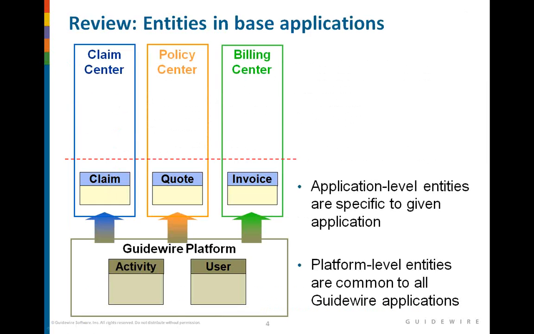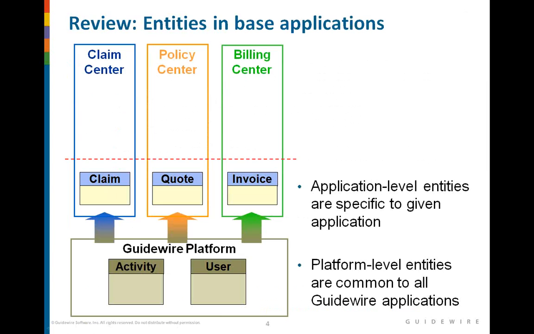So just coming to the screen which is shown in the demo. You can see the Guidewire platform is the underlying framework on which all the products are developed. There are some entities which are already predefined at the platform level and at the product level. The platform level entities are common to all the applications.